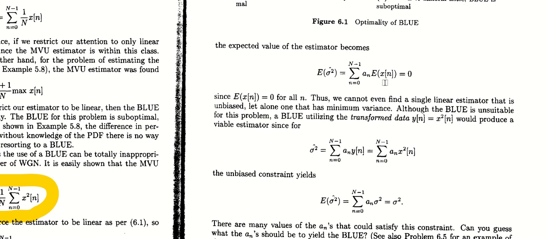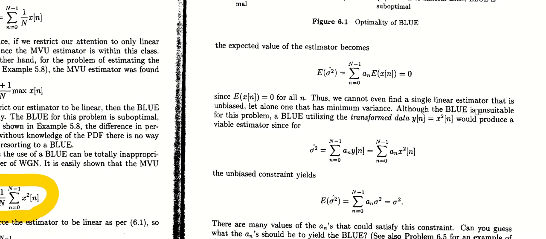If it wants to be unbiased, when you take the expectation, it has to be sigma squared. But now you get 0. Therefore, we cannot even find a single estimator that is unbiased, let alone one that has the minimum variance.